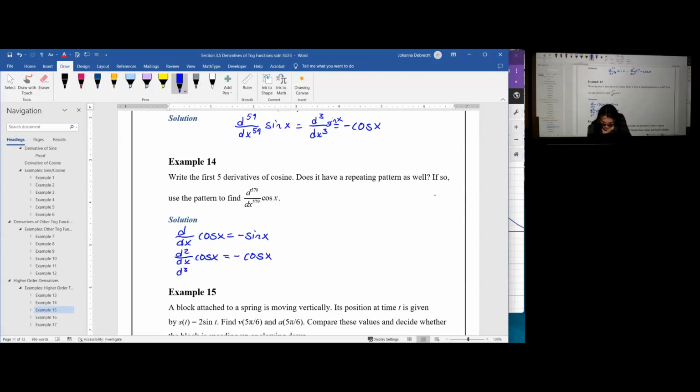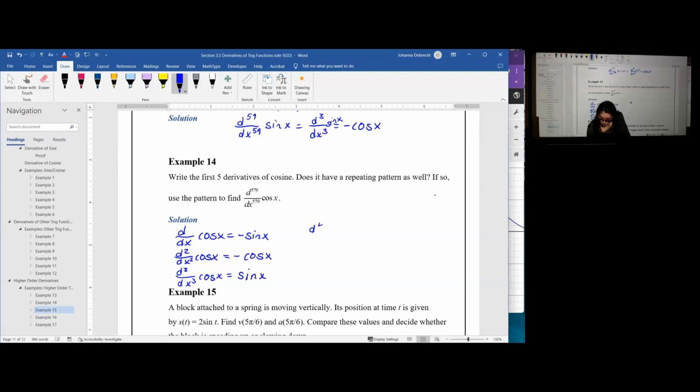The third derivative of cosine would be the second derivative of the first derivative, or the first derivative of the second derivative. Basically, take the derivative again, which would give me a double negative, which would lead me to sine.